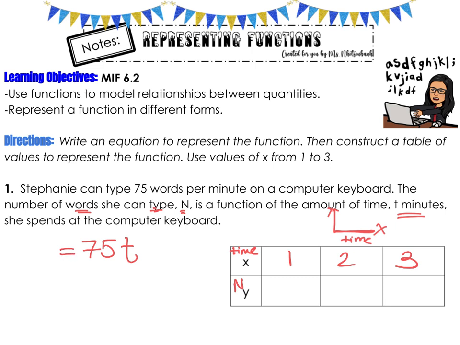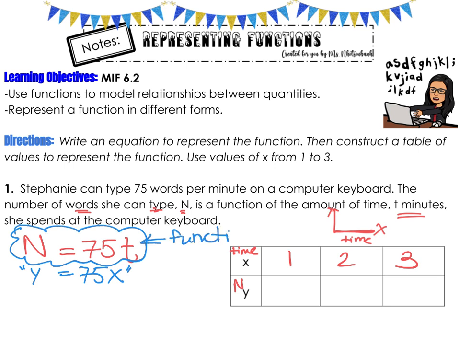And the y is going to be your output, but in this case, that's going to tell you the number of words she can type, and we're going to use the letter n instead of y. So this is the same thing as y equals 75x, all right? But this is what they want, so that is the equation of your function.